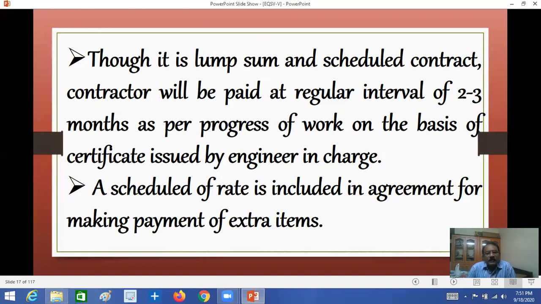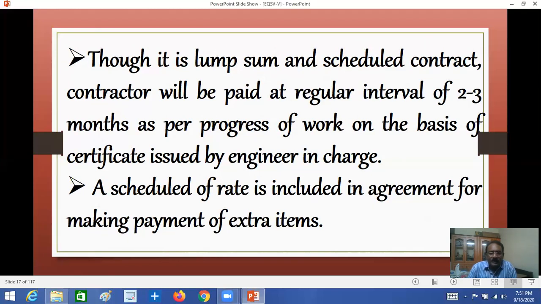Then only the payment will be released at regular intervals of around 2 to 3 months. A schedule of rates is included in the agreement for making payment of extra items. Here, this is a very important point.